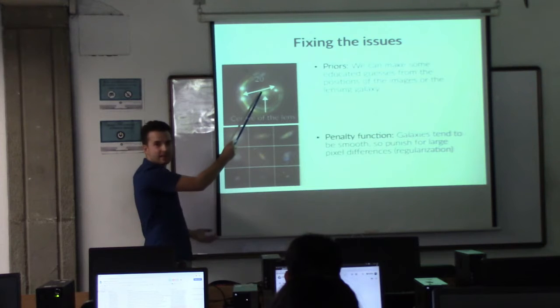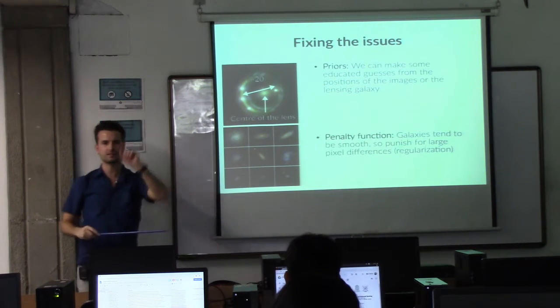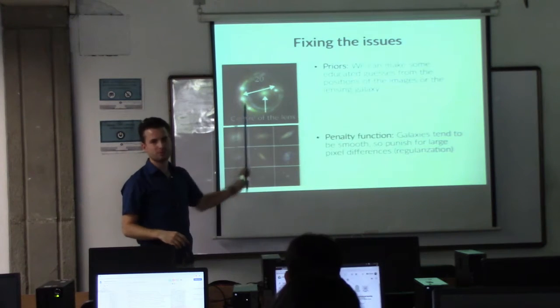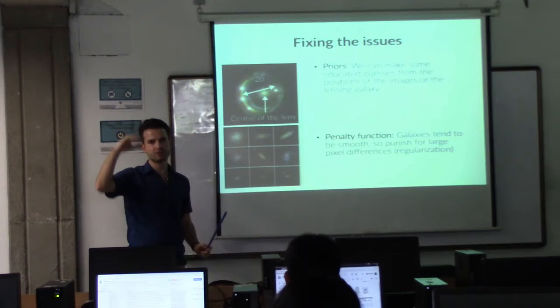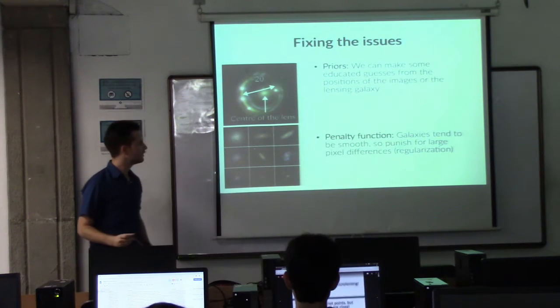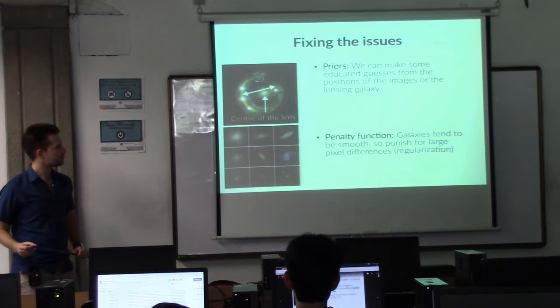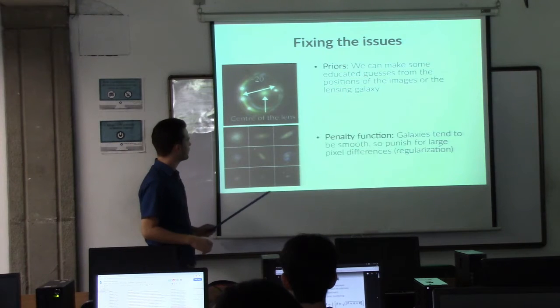We see the lens galaxy, so we know roughly where it is in the sky, and maybe if you want to trust it, you can measure its axis ratio and say, okay, my lens should have an axis ratio of roughly something like that. So this already puts some constraints on your model.